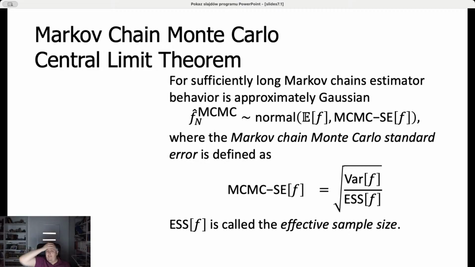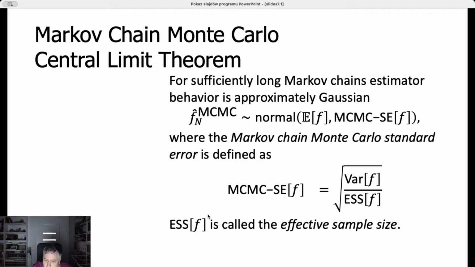However, instead of the Monte Carlo standard error, we have the Markov chain Monte Carlo standard error, which is similar, but while in the Monte Carlo method, we had n here, so the number of samples. Depending on the number of samples, the more the samples, the lower the error, always, as long as the assumptions of the theorem are fulfilled, or the quantity of interest exists.